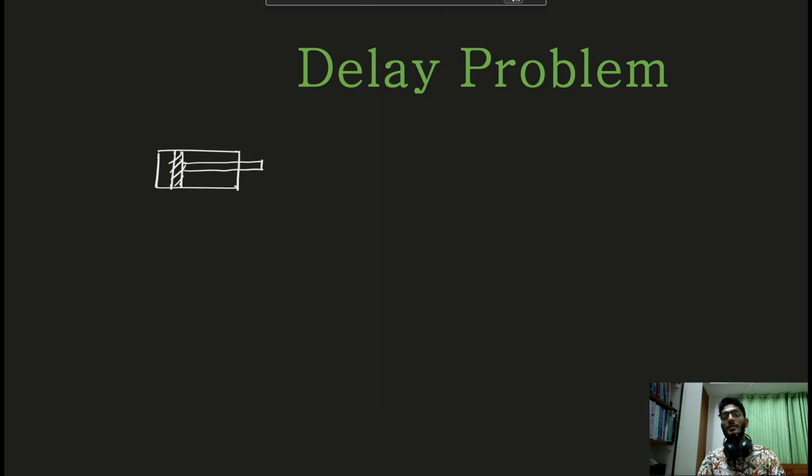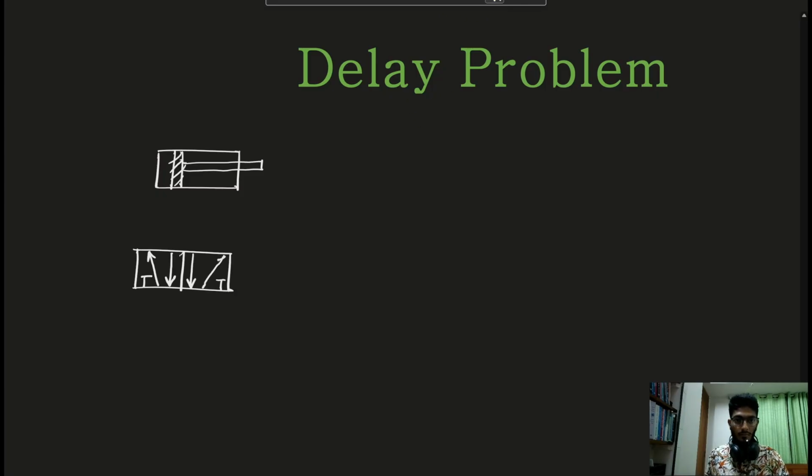So we have to make that using an electro pneumatic circuit. I can solve this problem in three different ways. I will go through every solution in this video. So let's start. First, I need a 5 by 2 DCV.